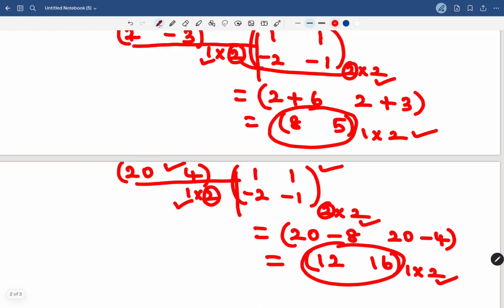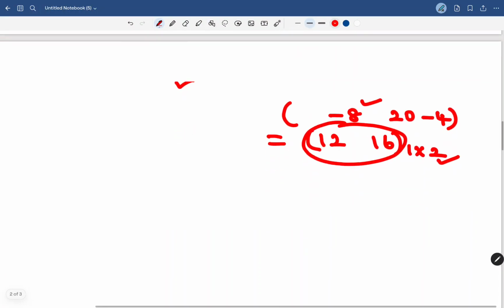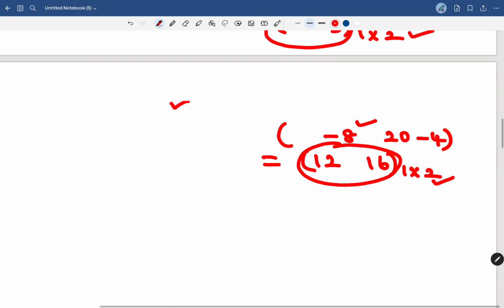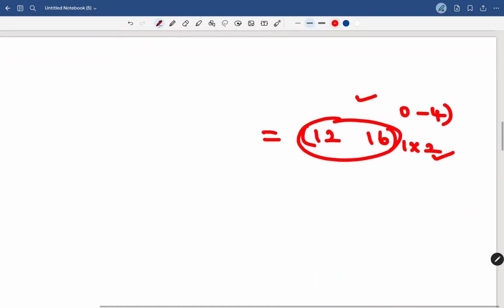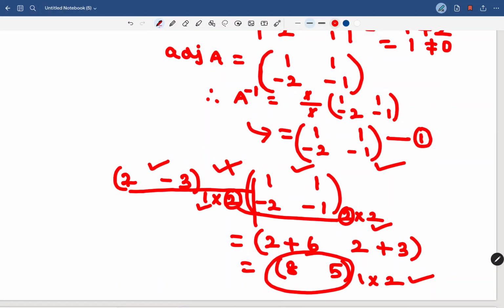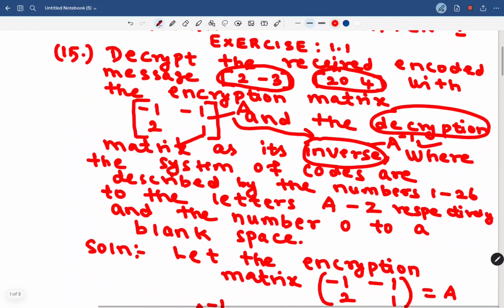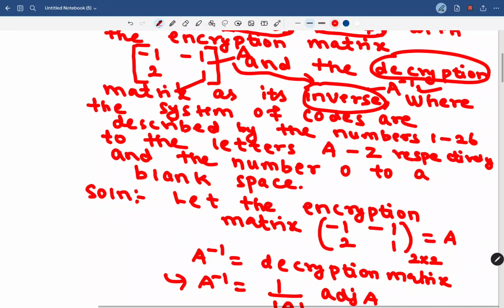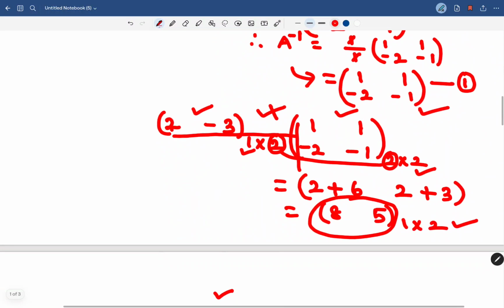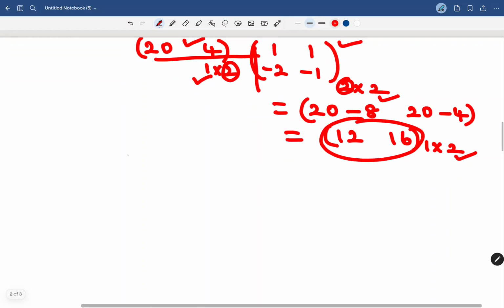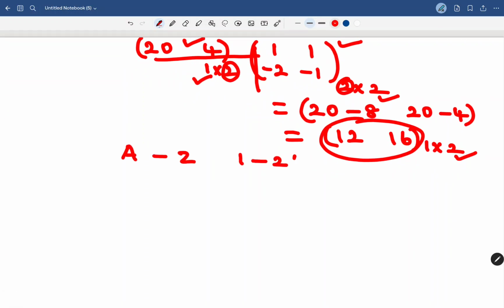It is given that for the alphabets A to Z there is a code given for the numbers and for the letters. That code is A to Z means 1 to 26.